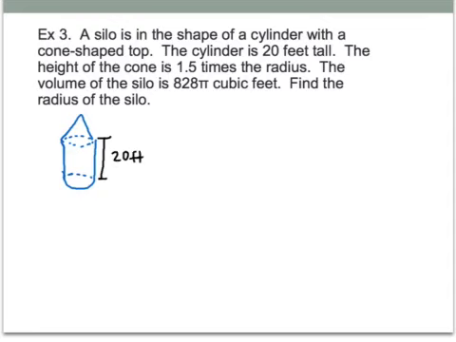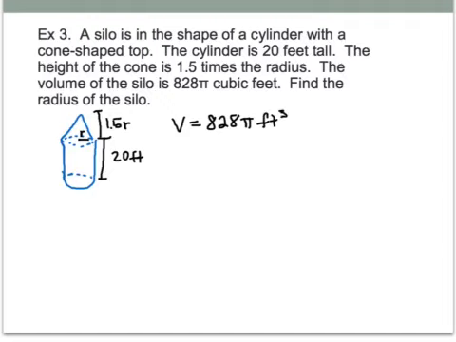And then it says the height of the cone is 1.5 times the radius. Well, look at the shape of your base of the cone. It's a circle. So the radius is right there. The height of my cone is 1.5 times r. I don't know what the radius is, that's what I'm trying to find. We know that the total volume of the silo is 828 pi cubic feet.